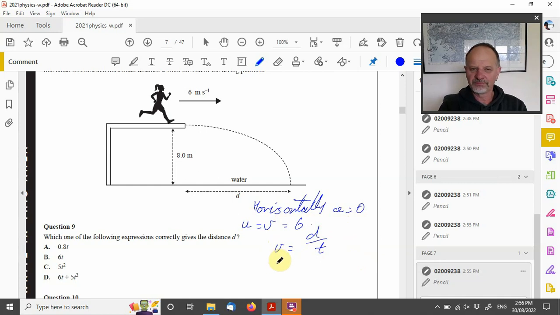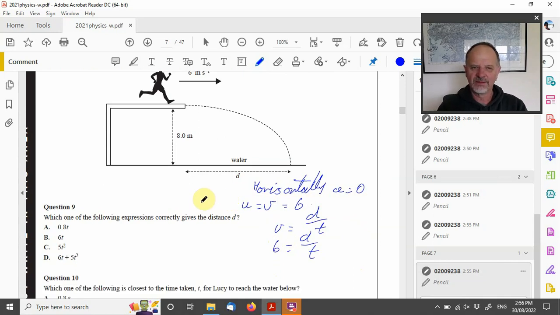So 6 is the distance over the time. So the distance would be 6t, which is alternative B. That's all that is talking about.